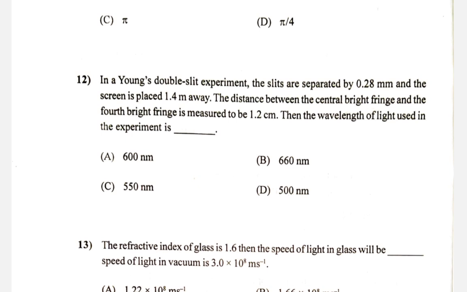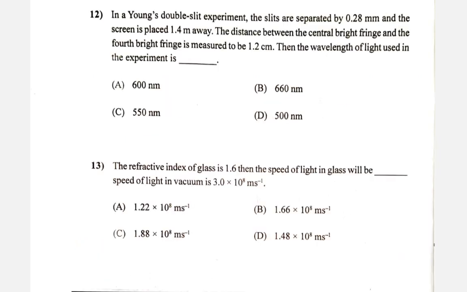Then the wavelength of the light used in the experiment is, okay, so here we have capital D given 1.4 meter, small d which is equal to 2.8 into 10 to the power minus 4 meter. Then x4 is equal to 1.2 centimeter, which is equal to 1.2 into 10 to the power minus 2 meter. Then we have to find wavelength.